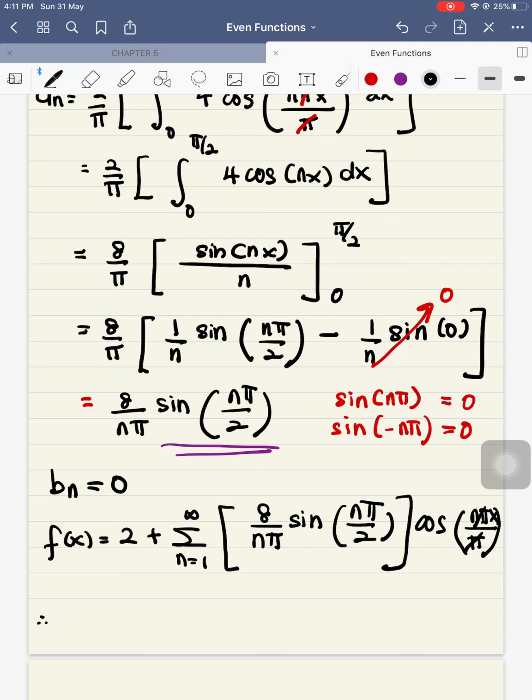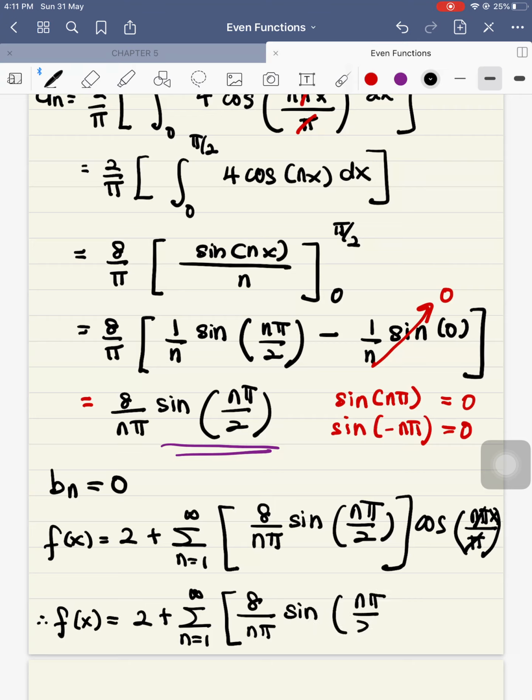Okay, so therefore your Fourier series is given by Fx is equal to 2 plus summation of n is equal to 1 until infinity, 8 over n pi sine n pi over 2, cos nx.